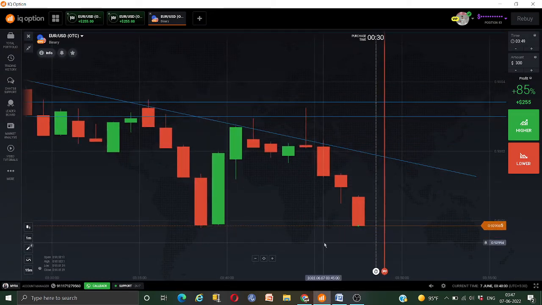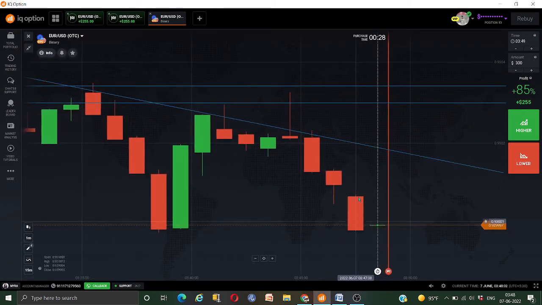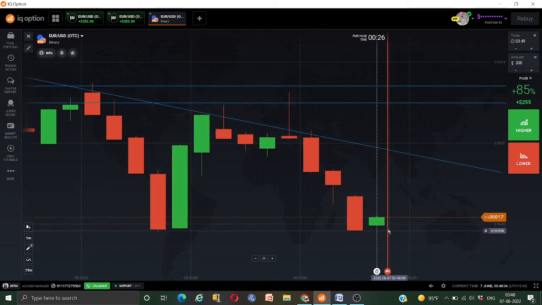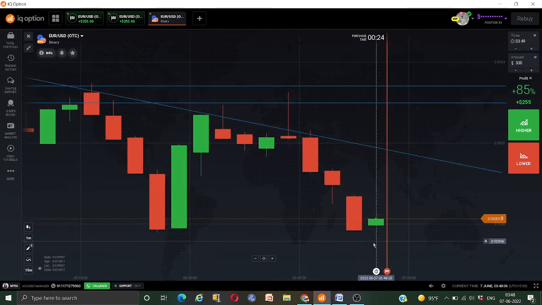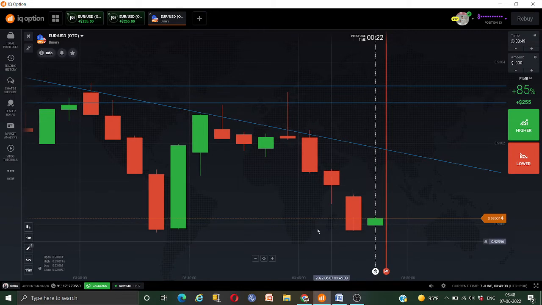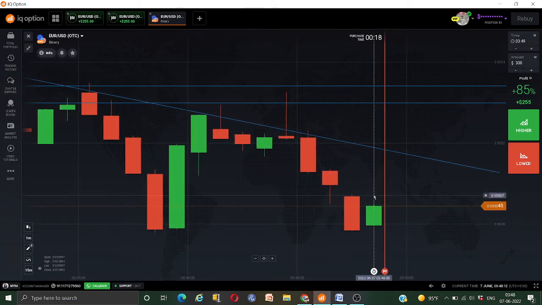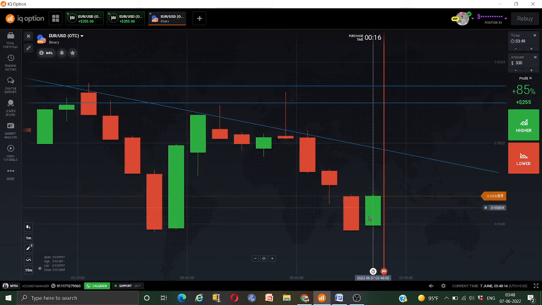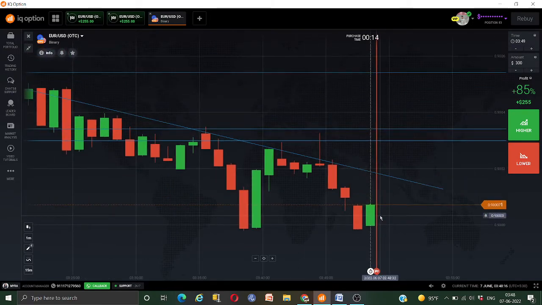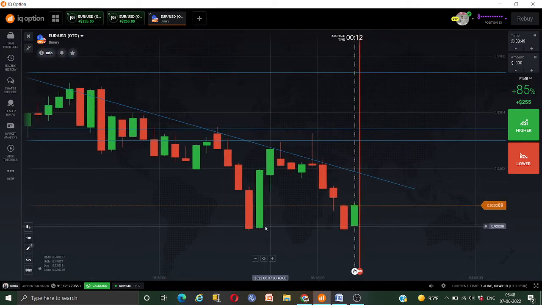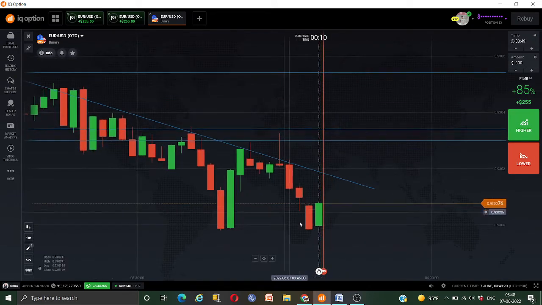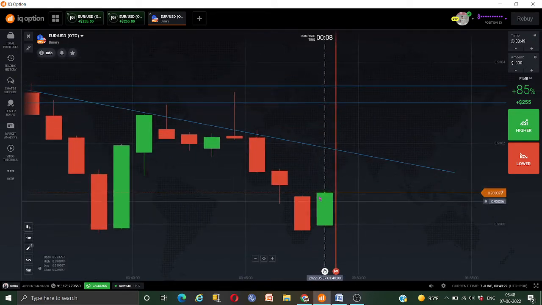And here also, see, this candle is very strong, but we can't touch the bias entry here because of this strong candle. So we should wait. Even if we are expecting this will become a green candle, we shouldn't place our trade because of the downtrend and this very strong candle.